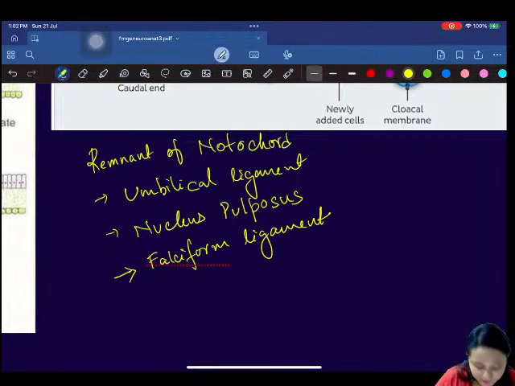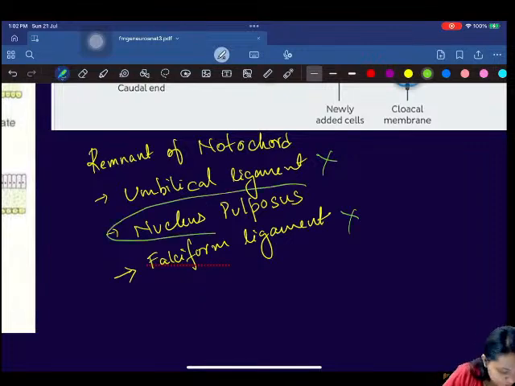I have given you a very easy option, since these two ligaments are not the answer. So the answer is your nucleus pulposus.